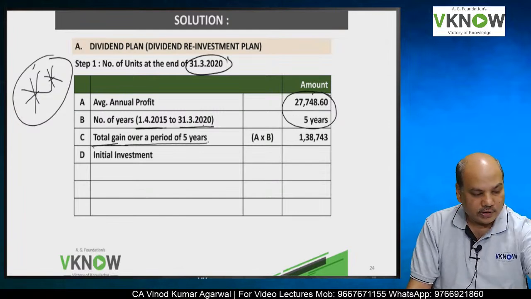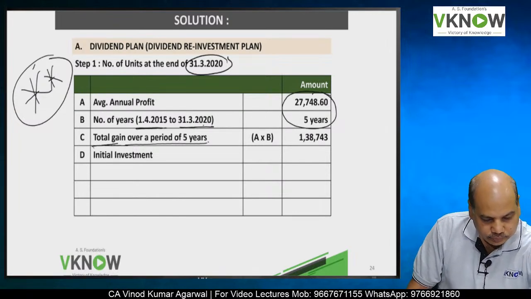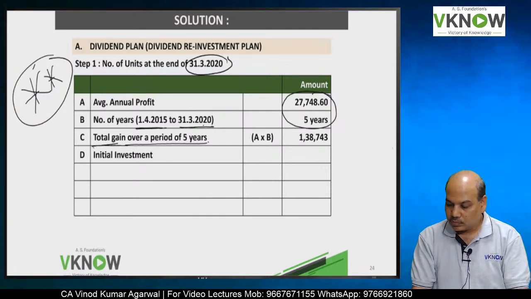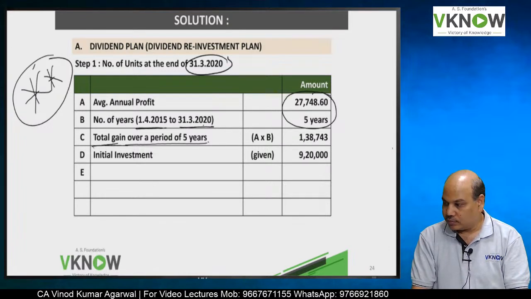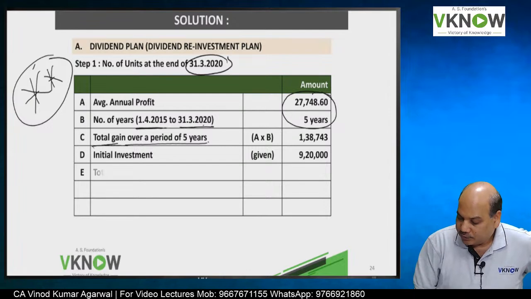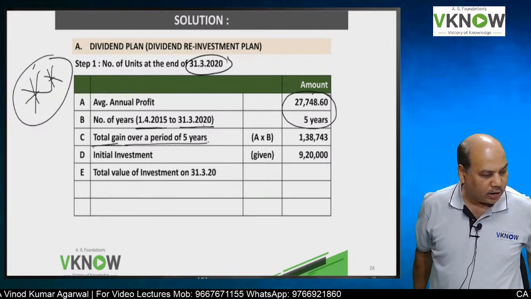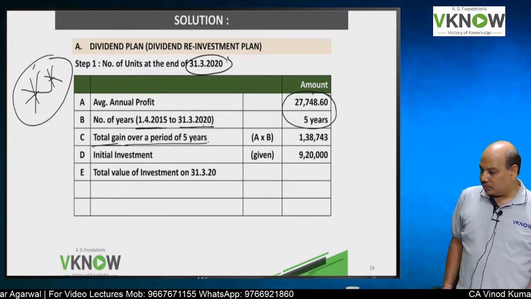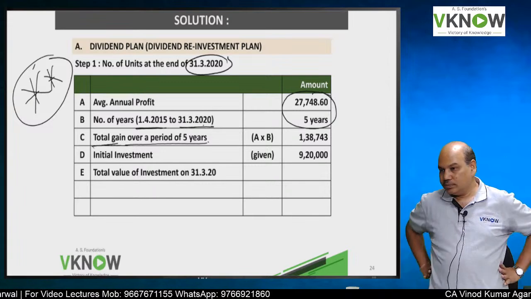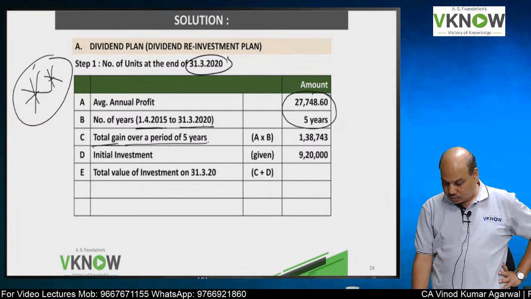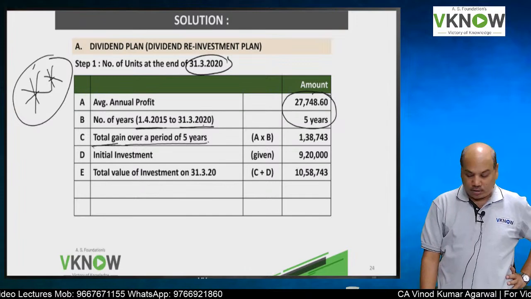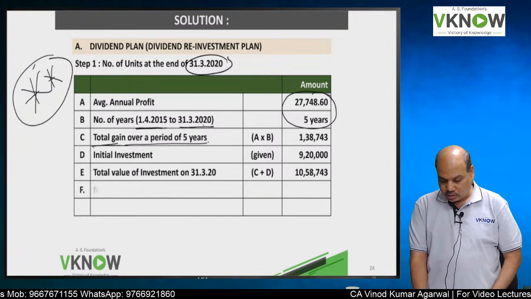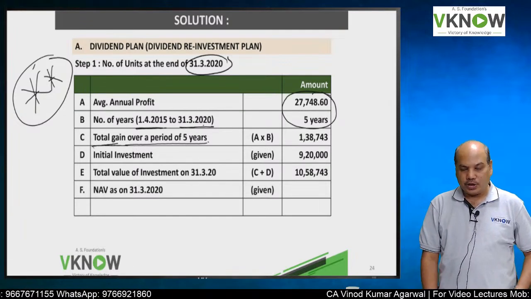Add the initial investment amount, that is 9,20,000, and that will give me the total value of investment, which is C plus D. Just take the total: 10,58,743.